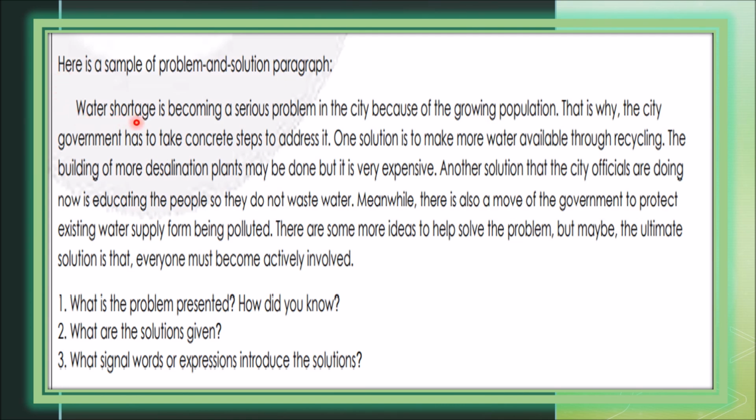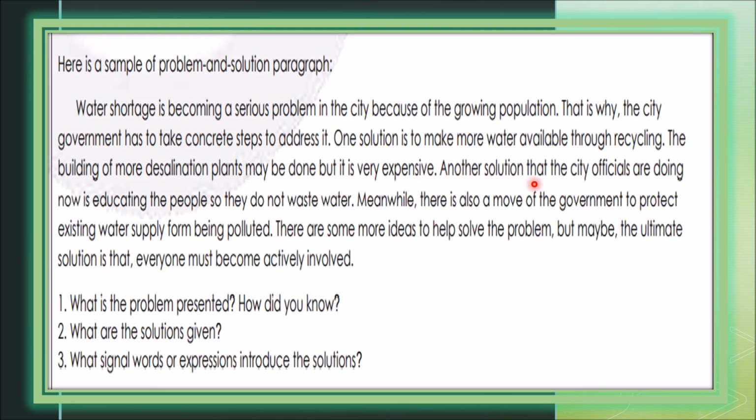Water shortage is becoming a serious problem in the city because of the growing population. That is why the city government has to take concrete steps to address it. One solution is to make more water available through recycling. The building of more desalination plants may be done, but it is very expensive.